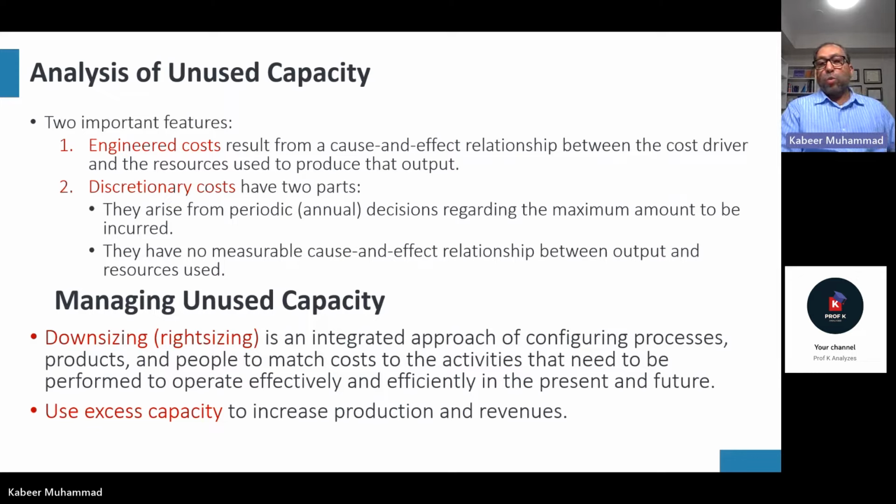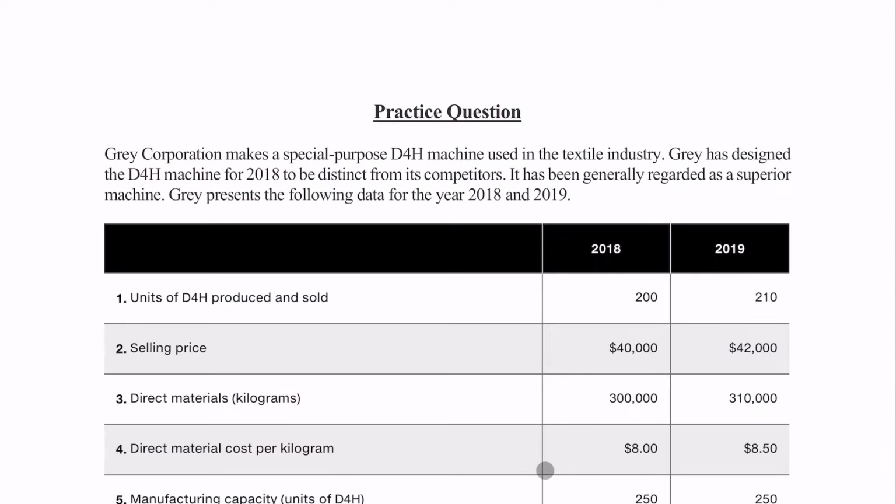Now I'm going to solve one question to see how we can deal with that. Okay, let's start. I want to solve this question to get a good idea about what we discussed in this chapter. So let's start.